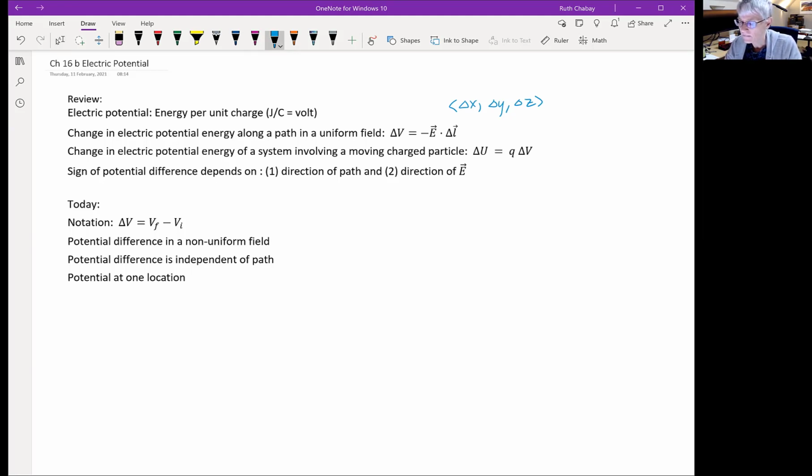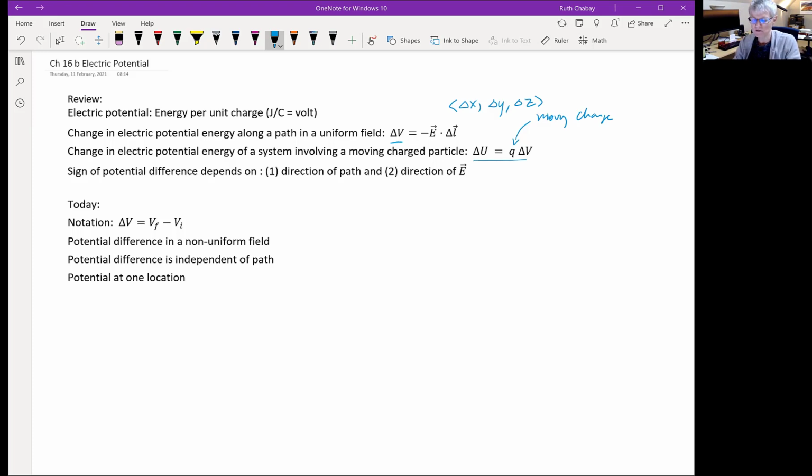If we knew a change in potential, then we could calculate the change in electric potential energy for a system involving a charge being displaced from the initial to the final location along that path. The change in potential energy of the system was the charge of the moving charge times the potential difference.